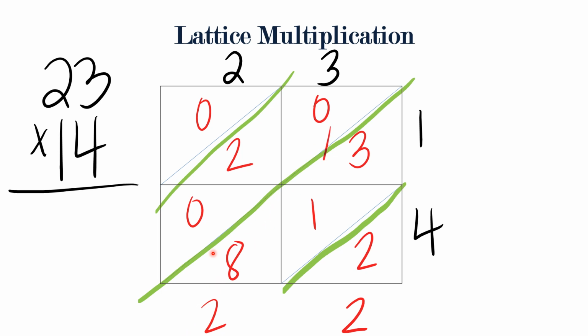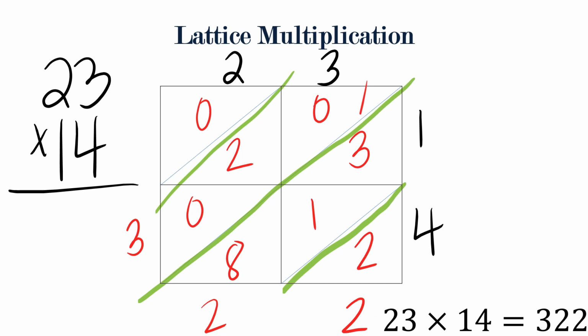All right, so that 1 is going to float up to the top. We're going to carry the 1. All right, so 1 plus 2 is 3. And we have a 0 in our thousands place, so we don't need to worry about bringing that down. All right, so now we have 322, which is our answer.